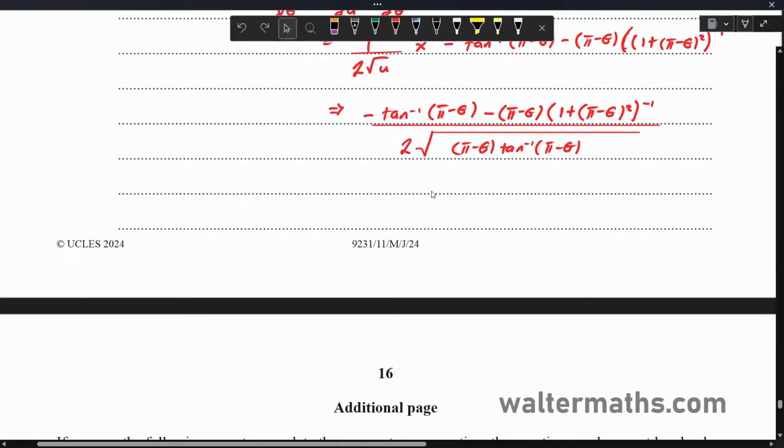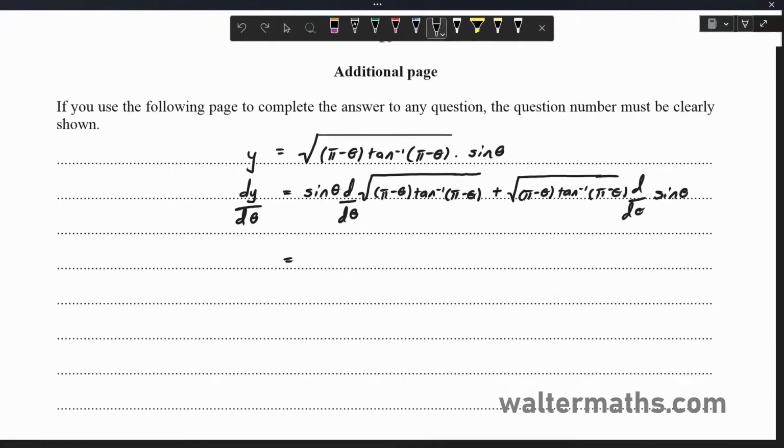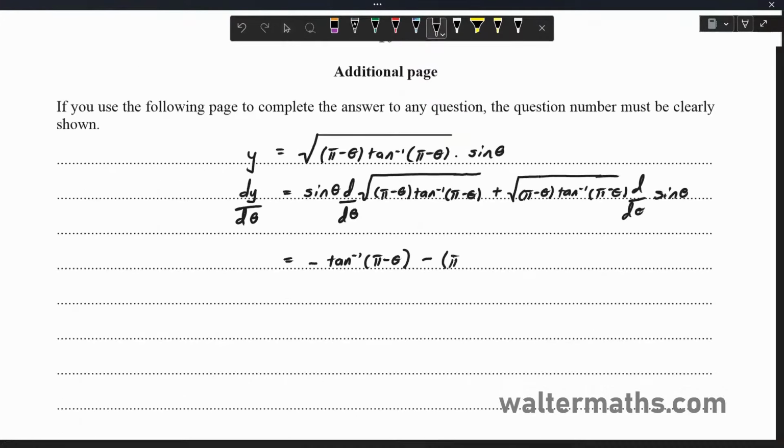So I'll just write it down: minus arctan(pi minus theta) minus (pi minus theta) times (1 plus (pi minus theta) squared) to the minus 1, and that was over 2 root u, so 2 times the square root of (pi minus theta) arctan(pi minus theta).